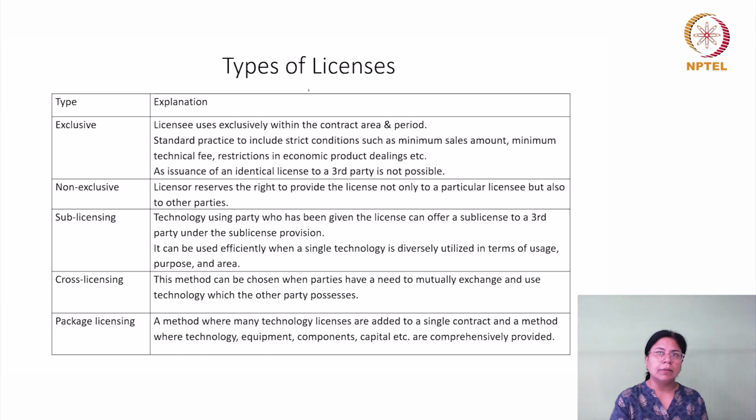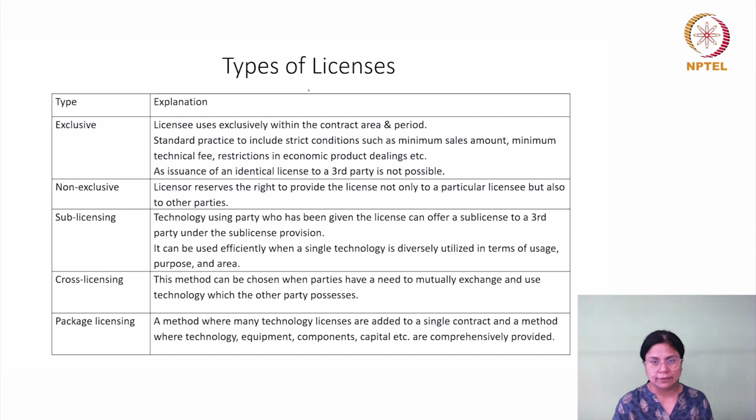Many times, particularly in public funded research organizations or universities, if some very important outcome comes, let us say they find a vaccine for a certain disease or virus, they may say that we are giving one party a license. However, given our social responsibility, we may not engage in exclusive licensing. We will get into non-exclusive licensing so that other companies can make use of this technology, make more and more vaccine, and help society.